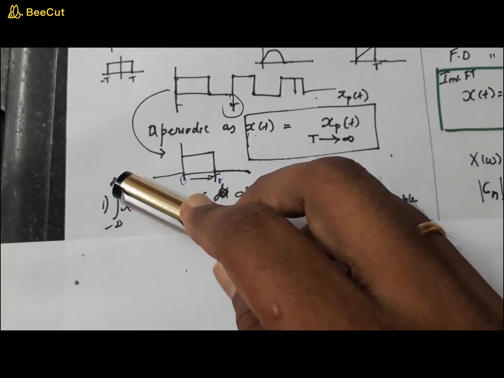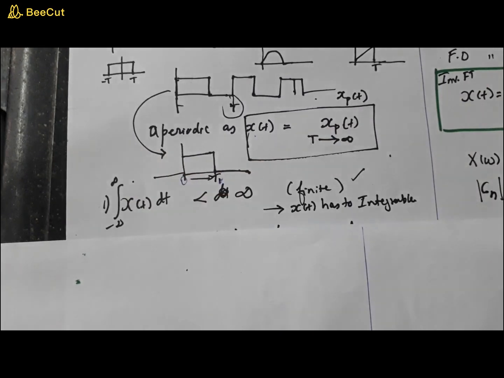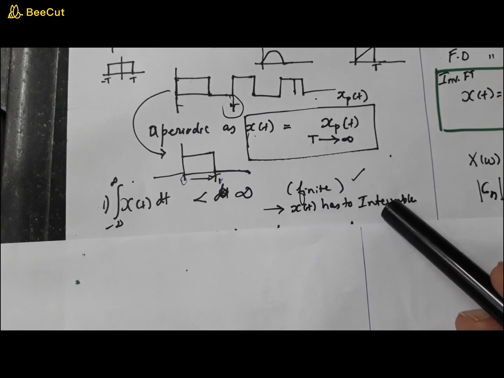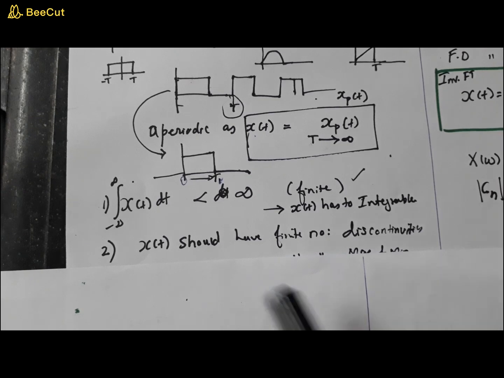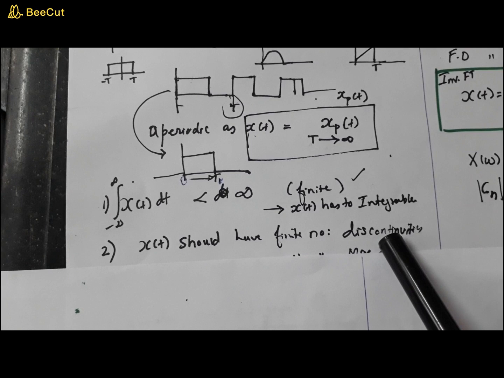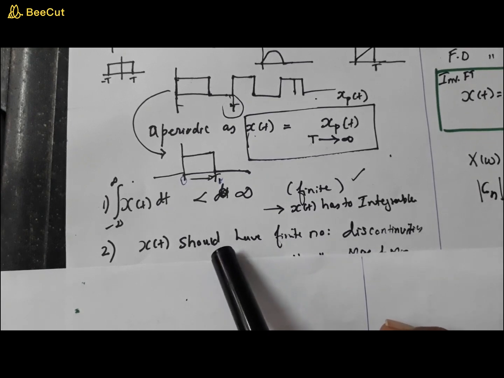Whatever the value, if you integrate it from minus infinity to plus infinity, that should give a finite value. That is, x of t has to be absolutely integrable. The second condition is that x of t should have a finite number of discontinuities. In the case of a periodic signal we say finite number of discontinuities within a period. Here we don't have to mention the period because this is an aperiodic signal.